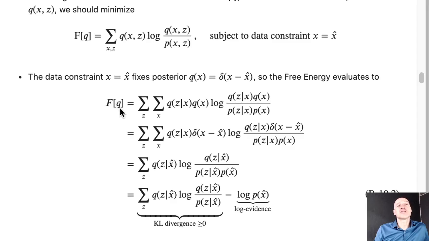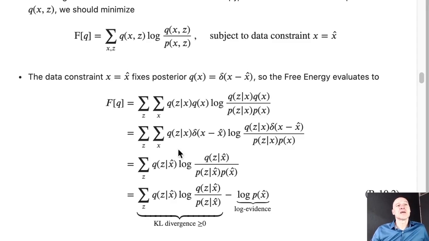F is a function of Q, but Q is a probability distribution, a function of Z and X. So that's called a functional, and the calculus of functionals is called variational calculus, and that's where the term variational Bayes and variational inference comes from.